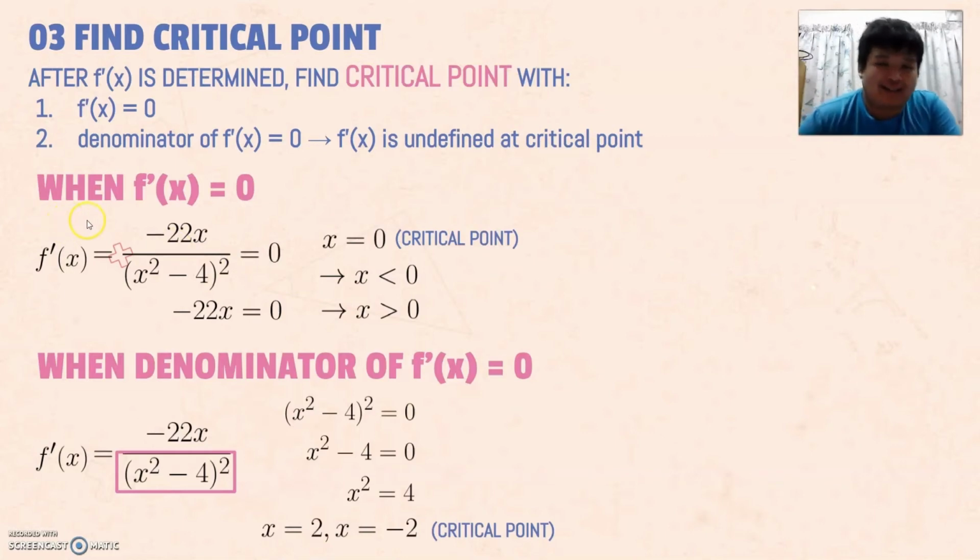When f prime x is equal to 0, we find that the critical point is 0. When the denominator of f prime x, which is (x^2 - 4)^2, is equal to 0, we find two critical points, which are positive 2 and negative 2.